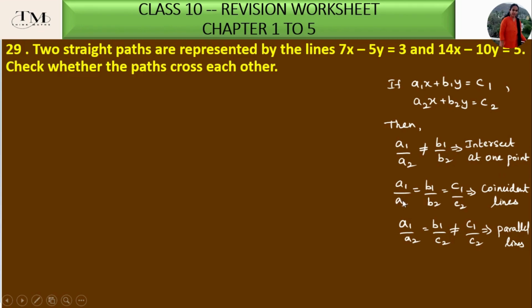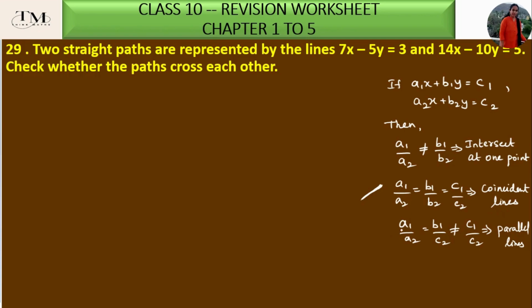If a1 by a2 is equal to b1 by b2 is equal to c1 by c2, then they are coincident. Coincident means each line will be one upon the other, both the lines will be one upon the other. So then we will have infinite number of solutions.